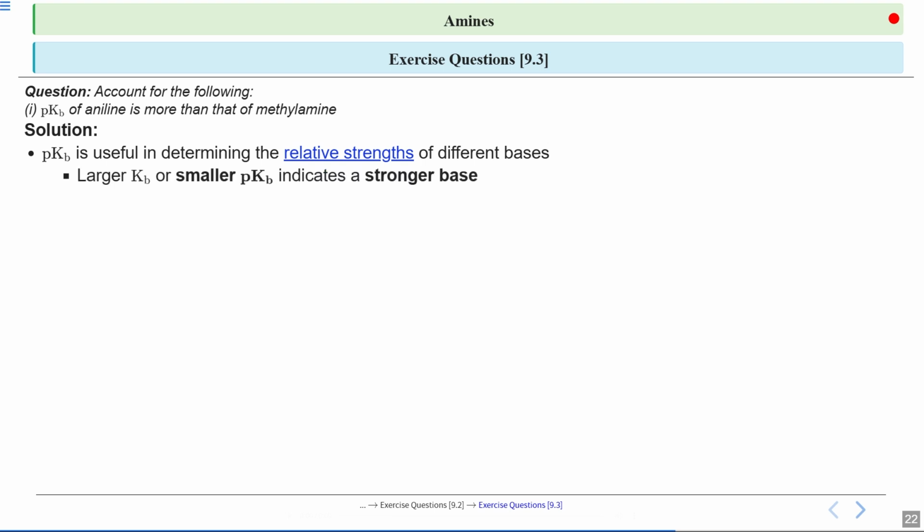Larger Kb or smaller pKb indicates a strong base. Now pKb is equal to minus log Kb. So pKb is the negative logarithm of the base dissociation constant, which is Kb.